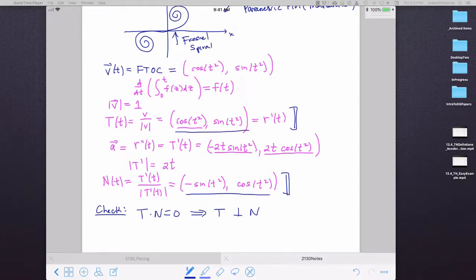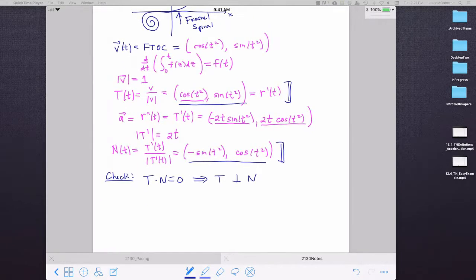So where do you go from here? You take a sub T and a sub N. You need to take your acceleration vector, dot it with T, and to find the normal component of acceleration, you take the acceleration vector dotted with the normal vector. What you'll find in this problem when you do those dot products is that you'll get 0 for a dotted with T, and a dotted with N, you will get 2t.